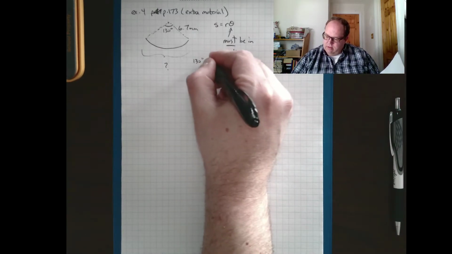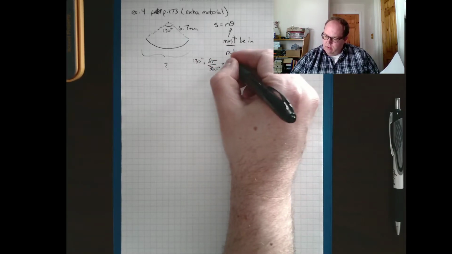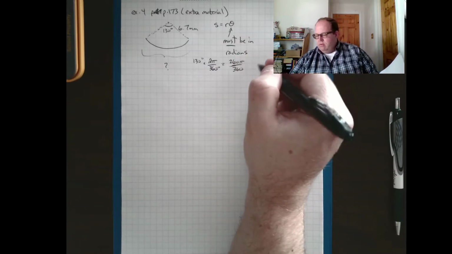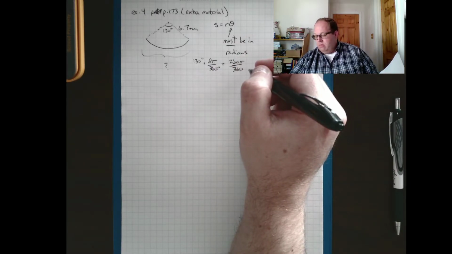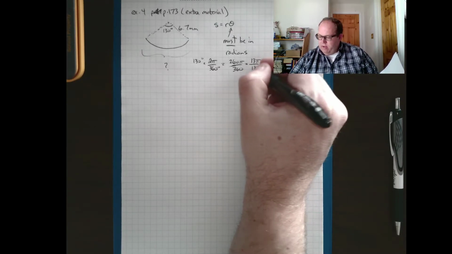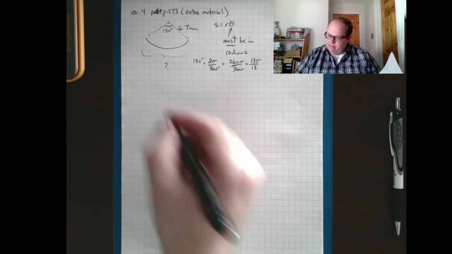130 degrees times 2 pi over 360. It's 260 pi over 360. 36, 13 over 18. And I'm probably going to leave it in terms of pi for me to do the calculation and then round at the end.